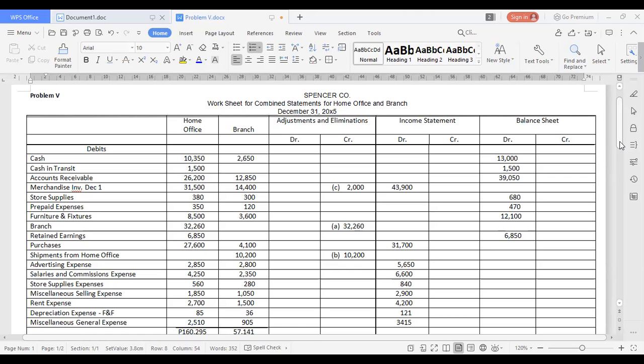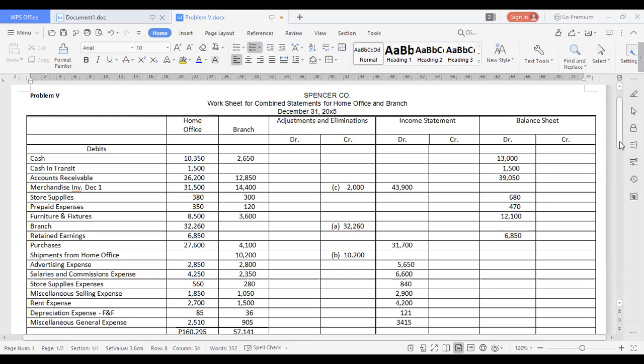So we now have cash. The amounts are the same as in the book, your trial balance amounts. Then we have the cash in transit. If you have your entry in your adjustments and elimination, the home office made an entry to record cash in transit.